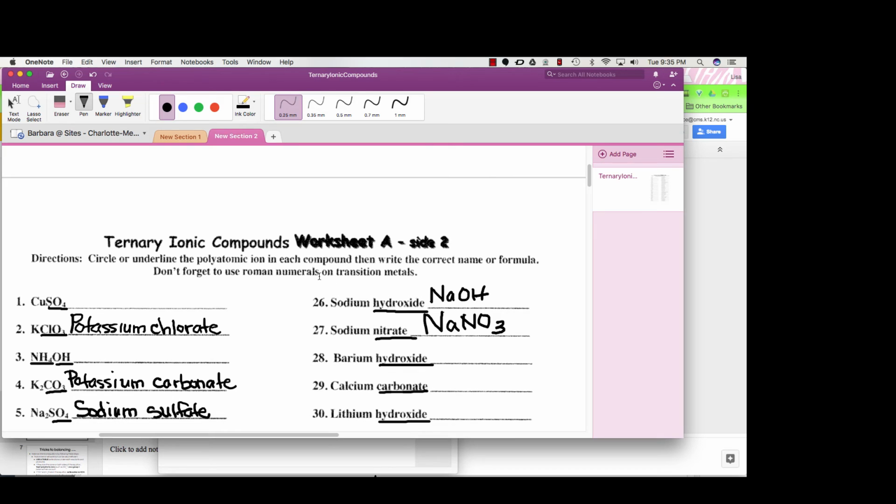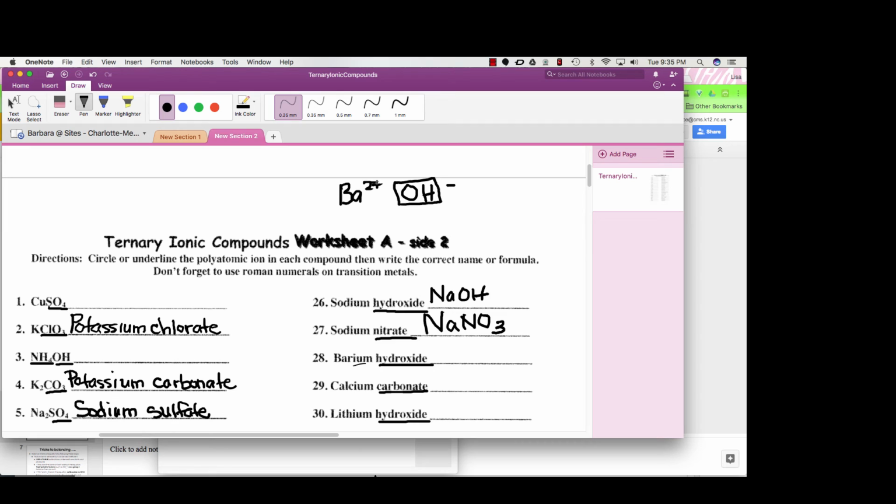Looking at our next example, we have barium hydroxide. Looking at the periodic table, barium is in group 2 and has a charge of +2. Looking at the reference table, you'll see the hydroxide has a charge of -1. Again, this entire ion has a charge of -1. We cannot change anything about that. And maybe it will help to put your polyatomic ion in a box.